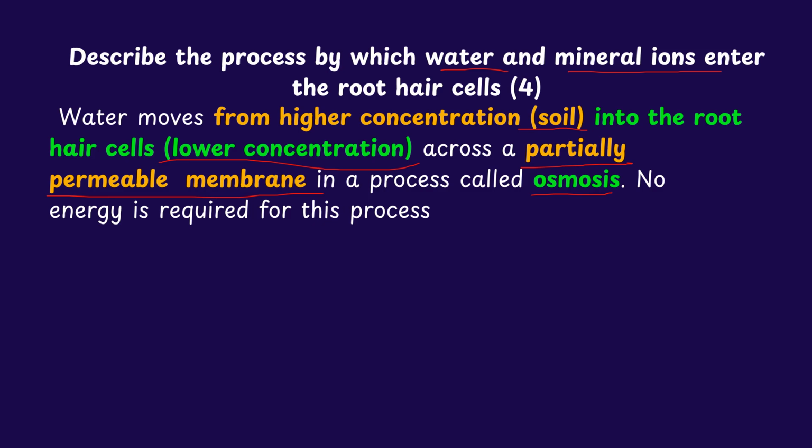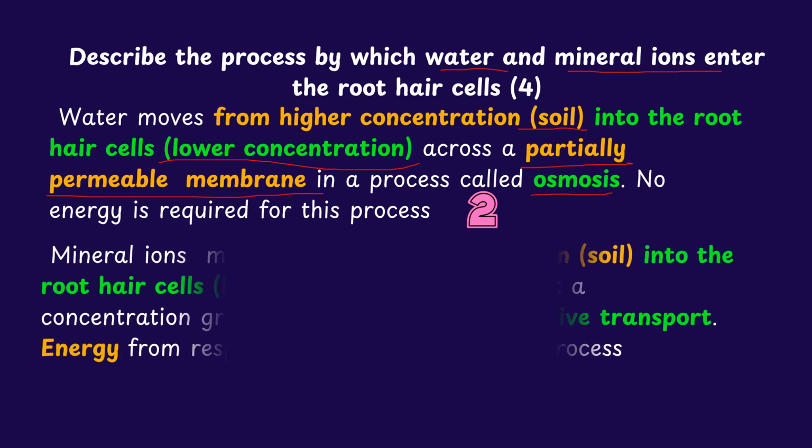Students, the words and the concepts that I've underlined, these are key scientific terminologies and concepts that must be written for you to get the 2 marks. All right, so, and if you look at it, students, you'll notice that this is basically the definition for osmosis. All right, let's look at how mineral ions now enter the root hair cells.